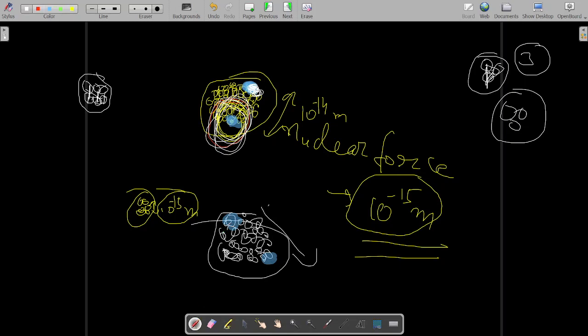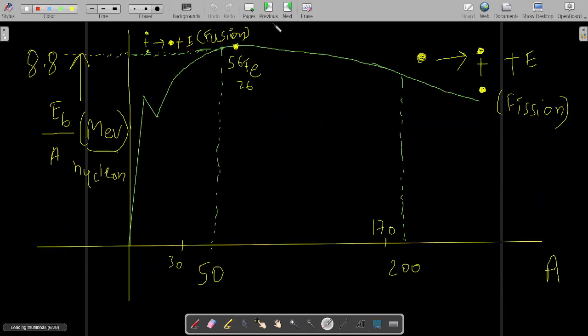Very large distance means the nuclear force will not act properly between them. As the nuclear force will not act properly, clearly they will experience electrostatic repulsion. So clearly this nucleus will be highly unstable because it has very high mass. So it has undergone a saturation. So the nucleus which we discuss right now lies somewhere over here. Okay, very high atomic mass number.